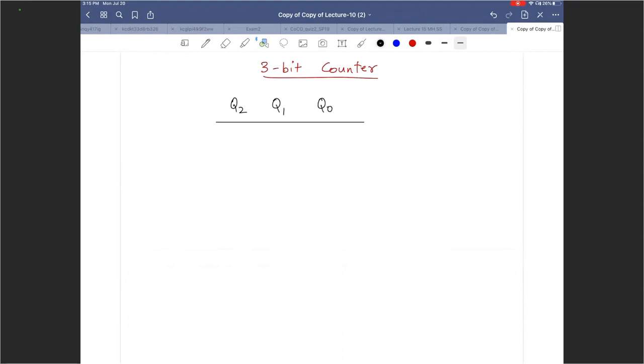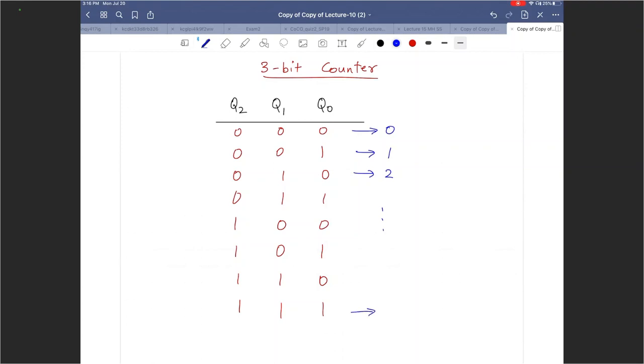When you think about a 3-bit counter, I picture this: 0, 0, 0, then 0, 0, 1, then 0, 1, 0, and so on, going from 0, 1, 2 up to 7.